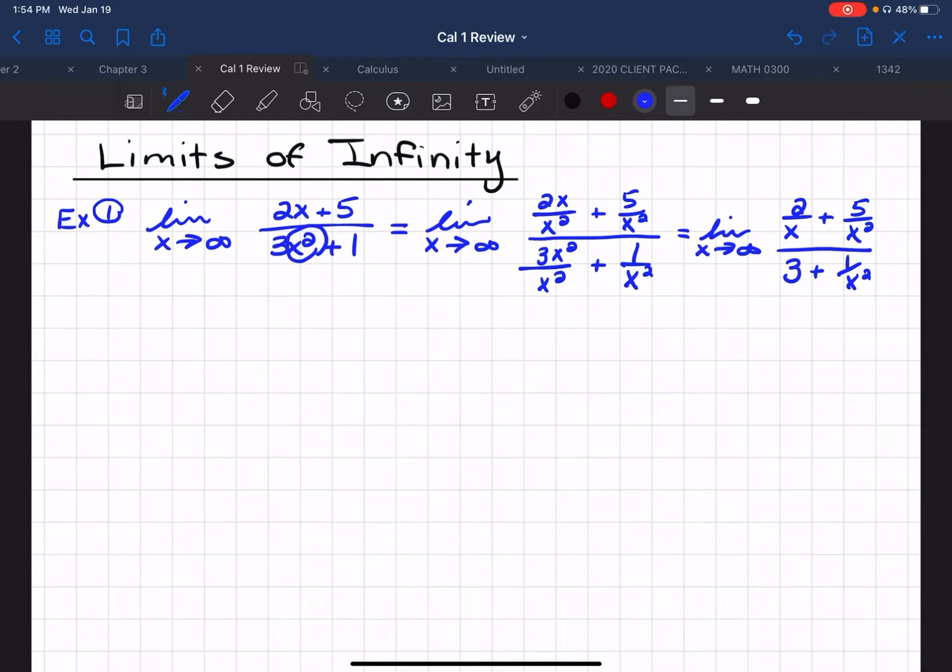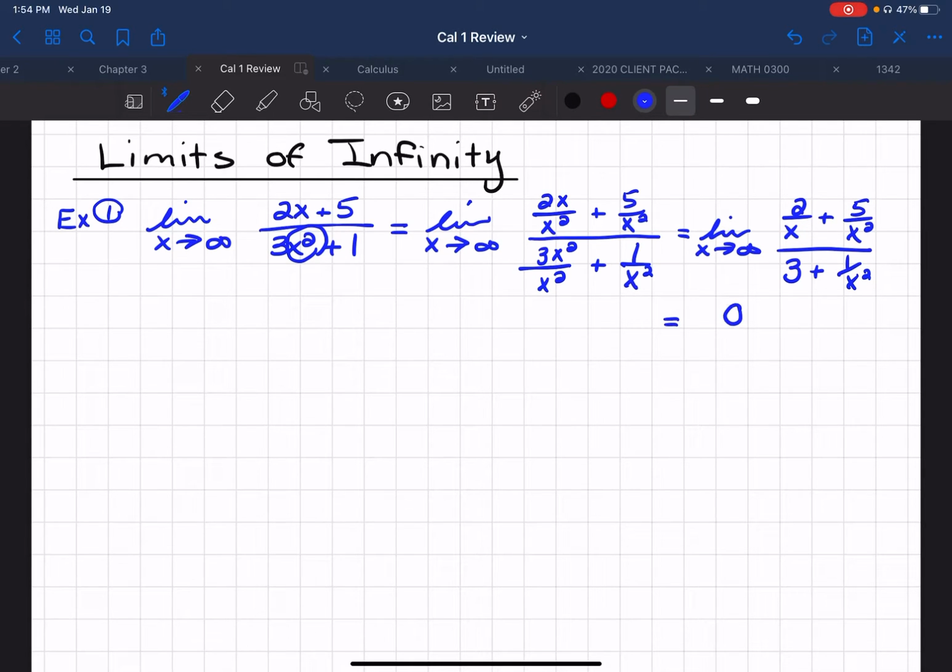So when we take the limit and you plug in infinity for all the x's, just think about if I plug a really big number into the denominator of a fraction, that whole number is getting really, really, really small, going towards 0. So this is going to go to 0, this is going to go to 0, and this is going to go to 0 when I take the limit.